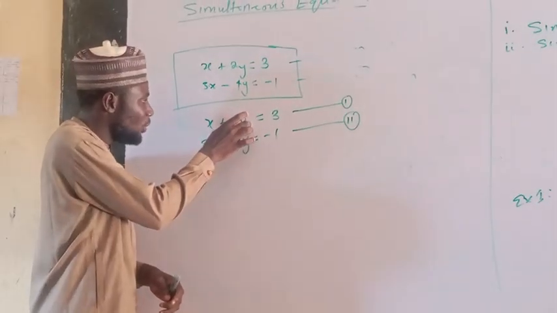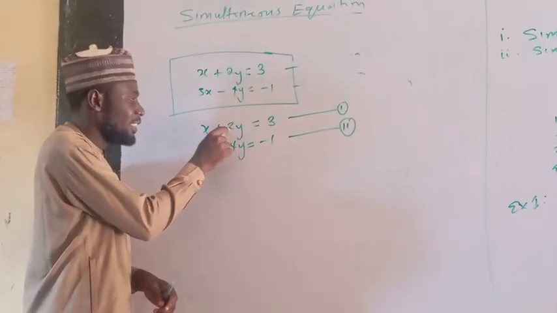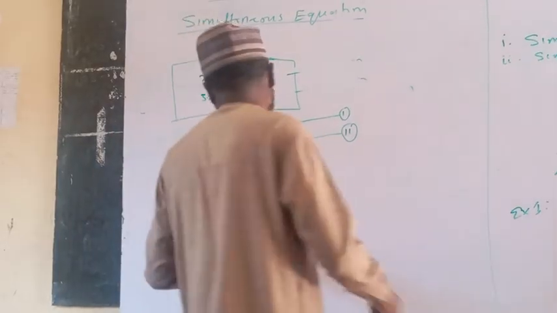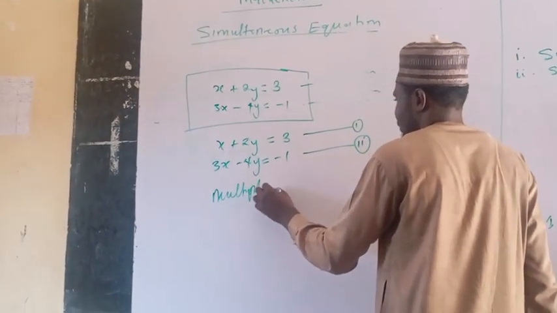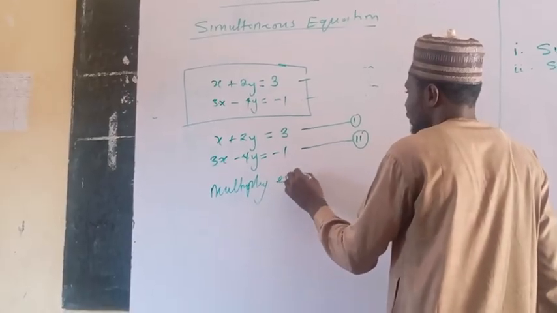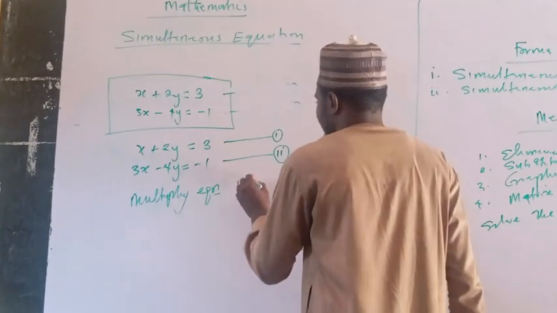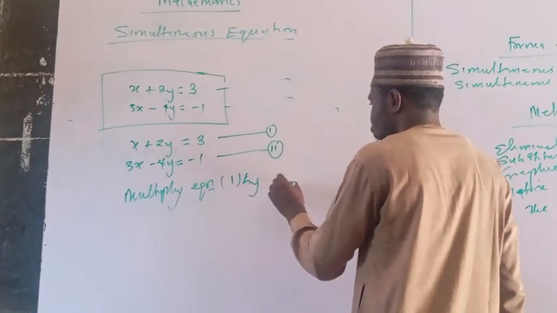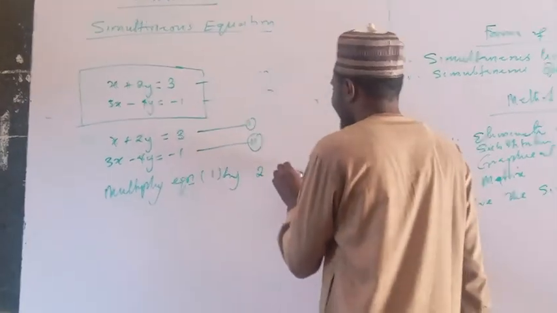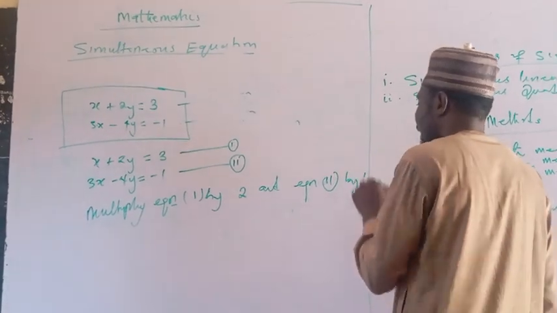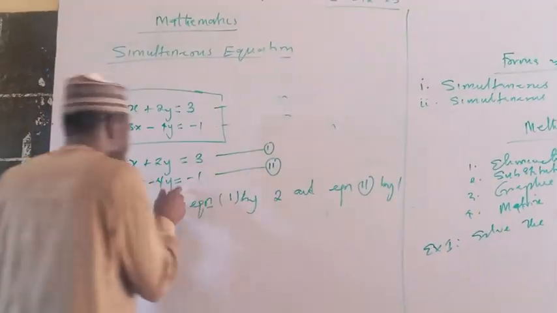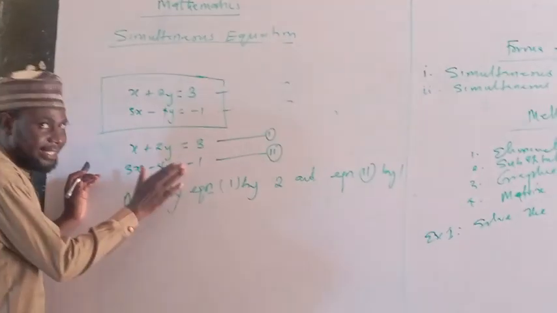To in ina son mai da wannan y ya koma 4 tun da nan 2 ne dole zan ce multiply equation 1 by 2 and equation 2 by 1. Tun da na ce equation 2 ina son bar y na 4 yadda yake.